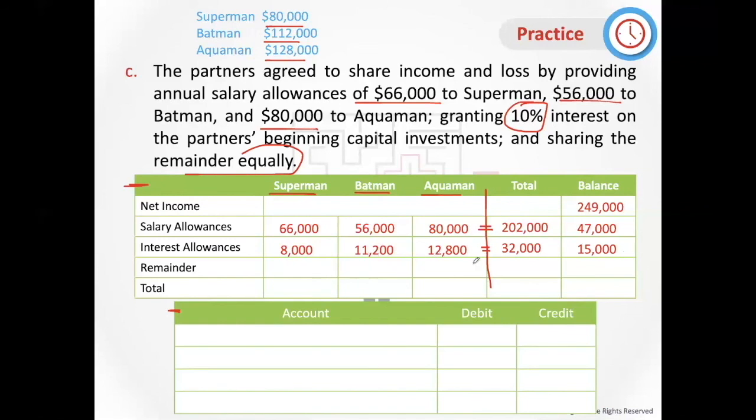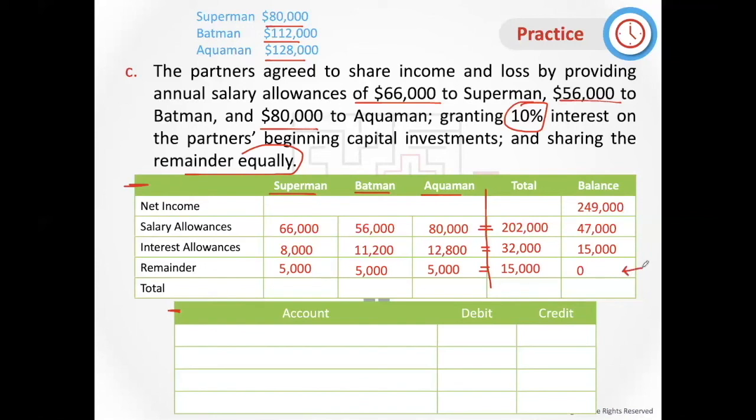How would we split up $15,000 three ways? It would be $5,000 each. 15,000 divided by 3, 5,000 to Superman, 5,000 to Batman, and 5,000 to Aquaman. A total of 15,000. The balance is now 0, and that's what you want for it to be 0.